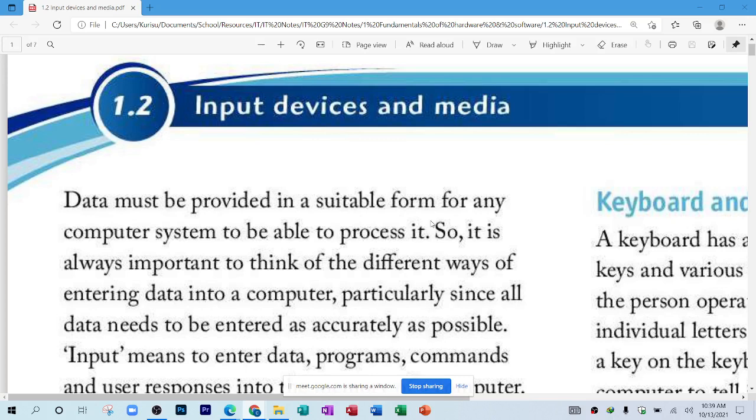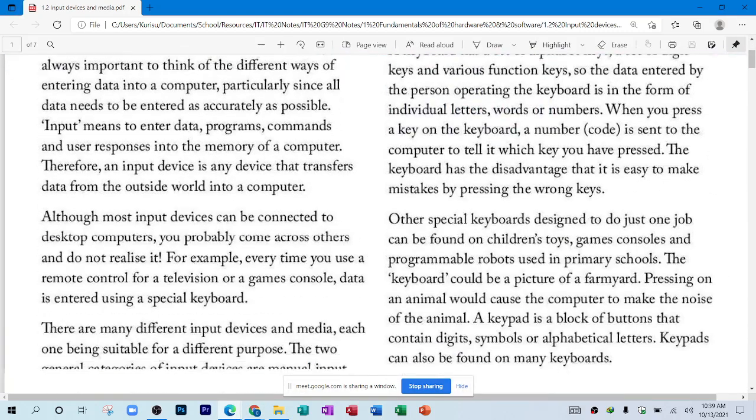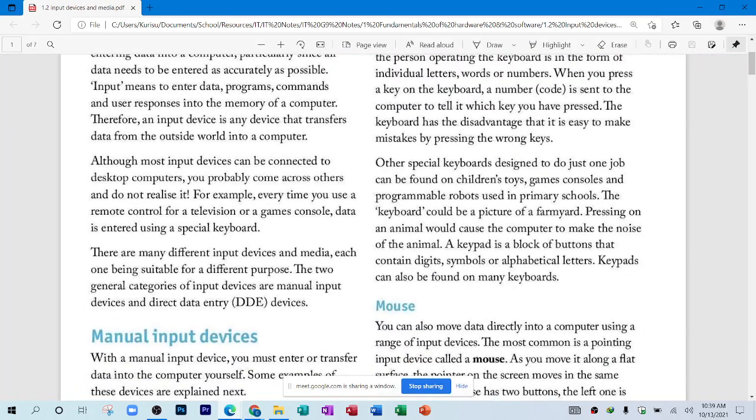No one? What are the two types of input device you're supposed to know off the top of your head? Manual and direct data entry. Manual input devices and direct data entry devices. Very good. So those are the two types we'll be looking at.